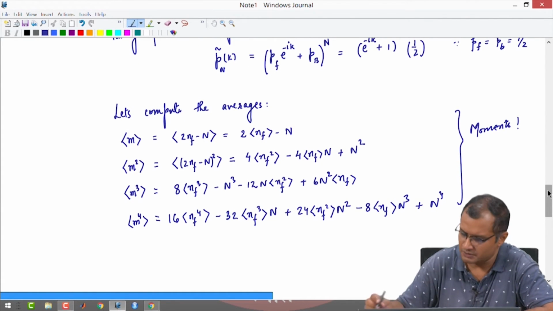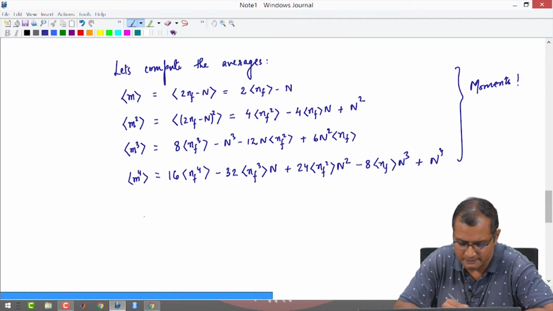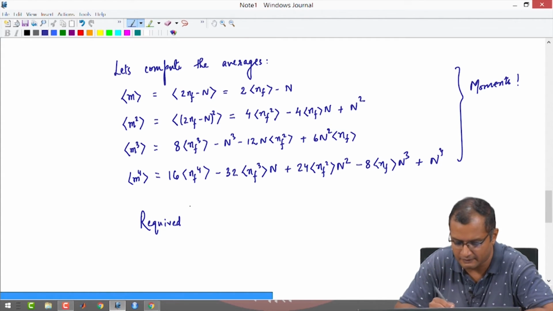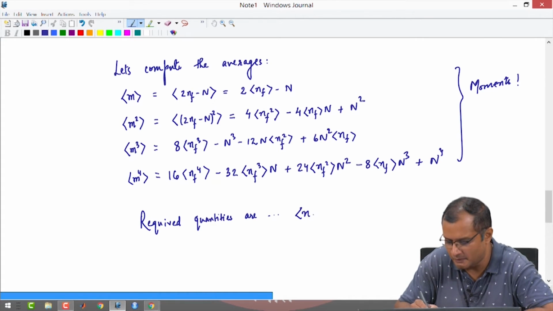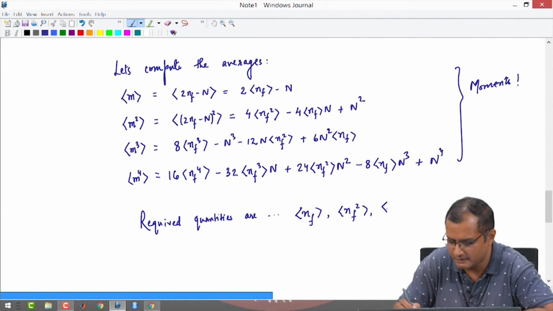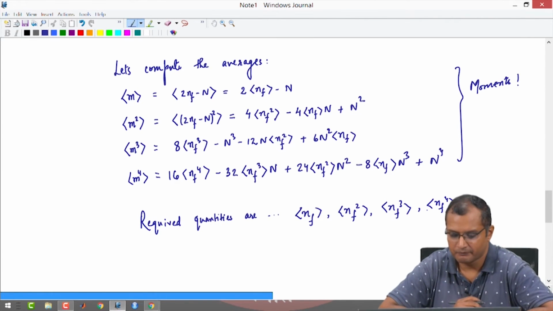Okay. So, let us first compute. If you look at the right hand side of all these moments, all that is required is basically just the moments of NF. Okay. So, what the required quantities are just the moments of NF. All you need is basically these moments, and the fourth moment, and that will give you the moments of M. Okay.